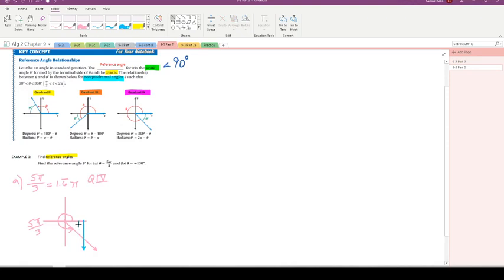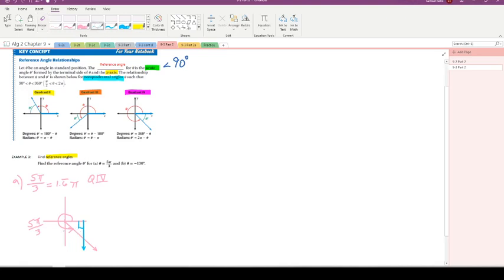It's going to be right about there. So that's a right triangle. Let's erase it and make it a little neater. All right, there's my right triangle.